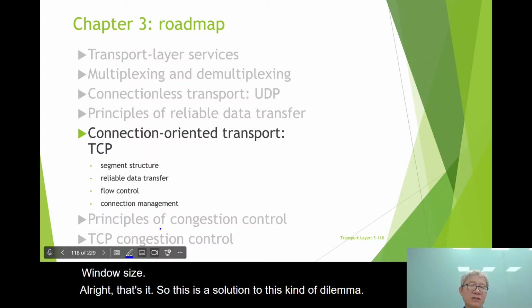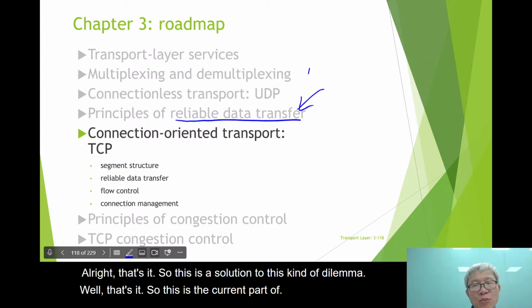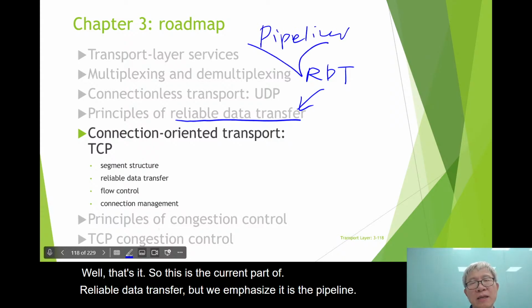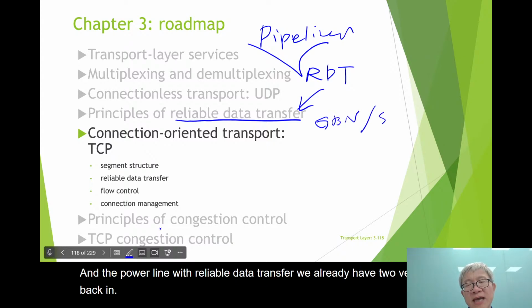Well, that's it. So this is the current part of reliable data transfer, but we emphasize it is the pipeline. And for pipelined reliable data transfer, we already have two versions, go back N and selective repeat.